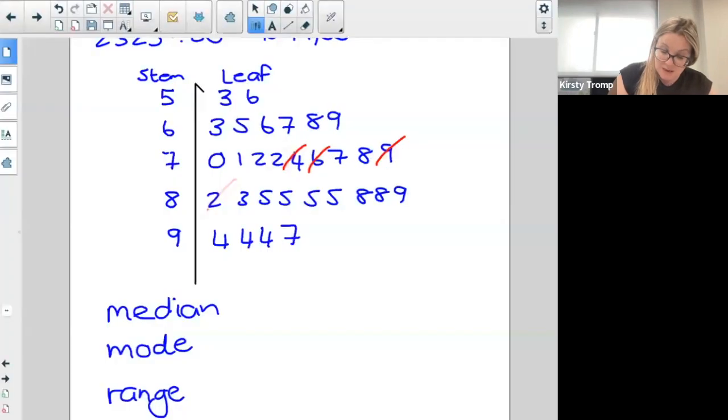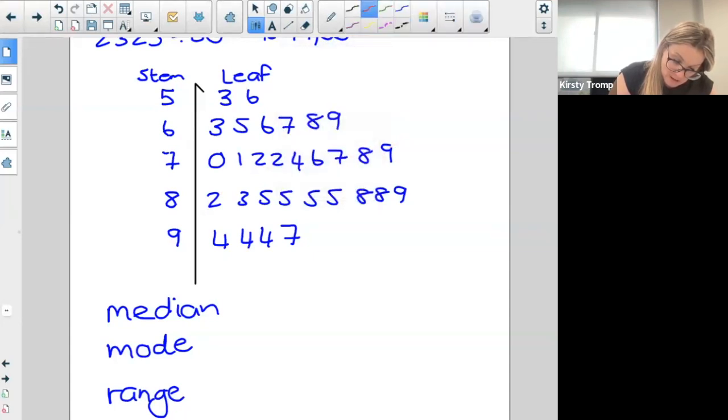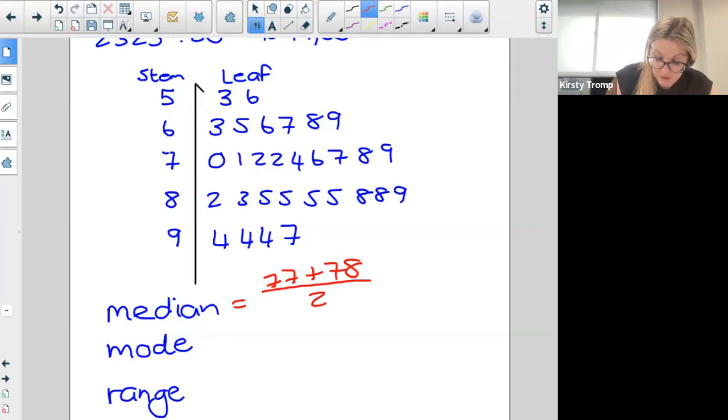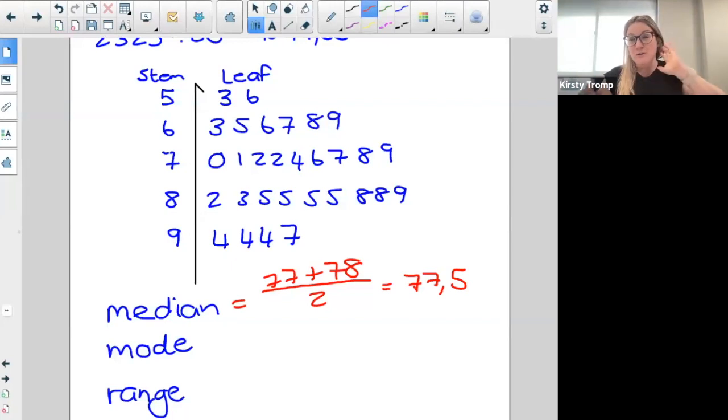Okay, so those are my two middle numbers, because I'm dealing with an even number. So my two middle numbers were 77 plus 78, and I'm going to divide that by 2, and it's going to leave me with 77.5. Okay, so I'm looking for the numbers that are in the middle. So I cross them off until I find that middle number.